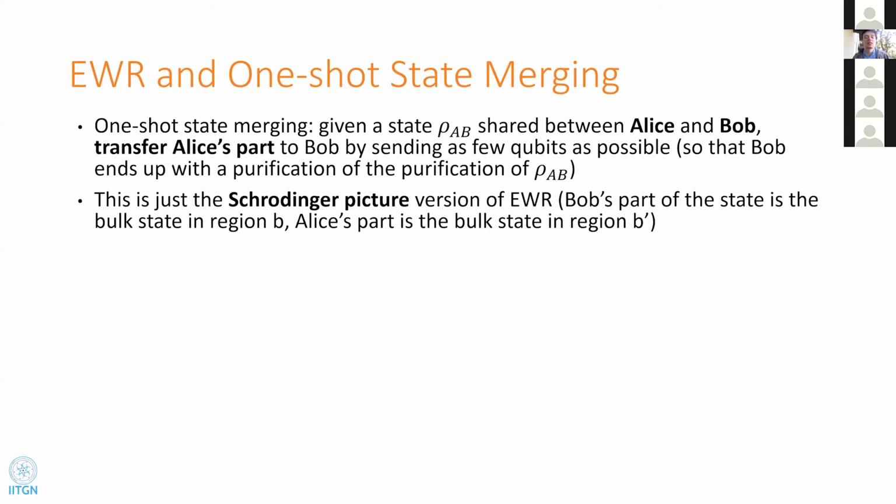The part that is initially held by Alice is the bulk state in region little b prime. And the question of whether you end up being able to reconstruct little b prime depends on whether enough information about little b prime got through the quantum extremal surface to be reconstructed when you already have access to the information in little b.